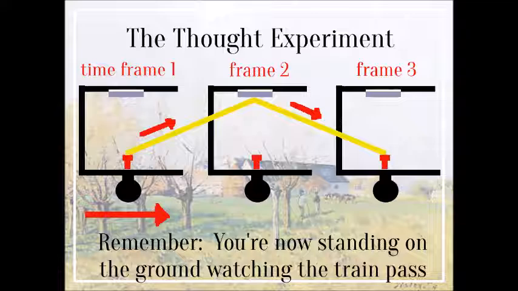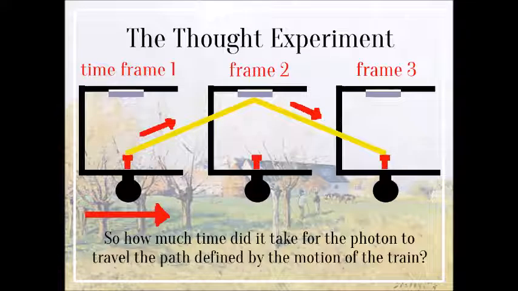And just like we did before, we're going to ask a time-related question and ask, so how much time did it take for the photon to travel the path defined by the motion of the train? But before we tackle the mathematics of this part of the thought experiment, we should note that there is a curious discrepancy happening with regard to distance concerning the 2 vantage points we are examining.